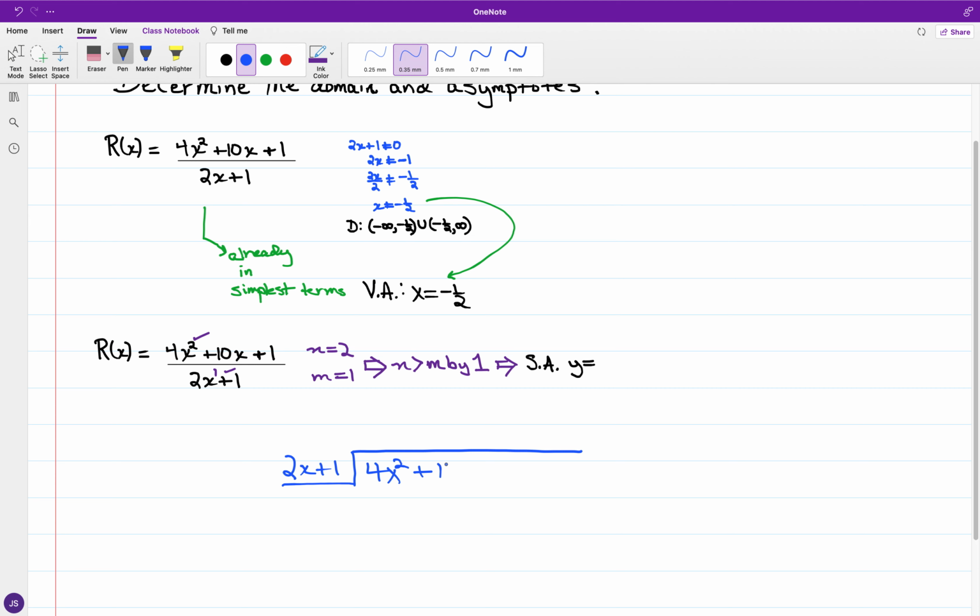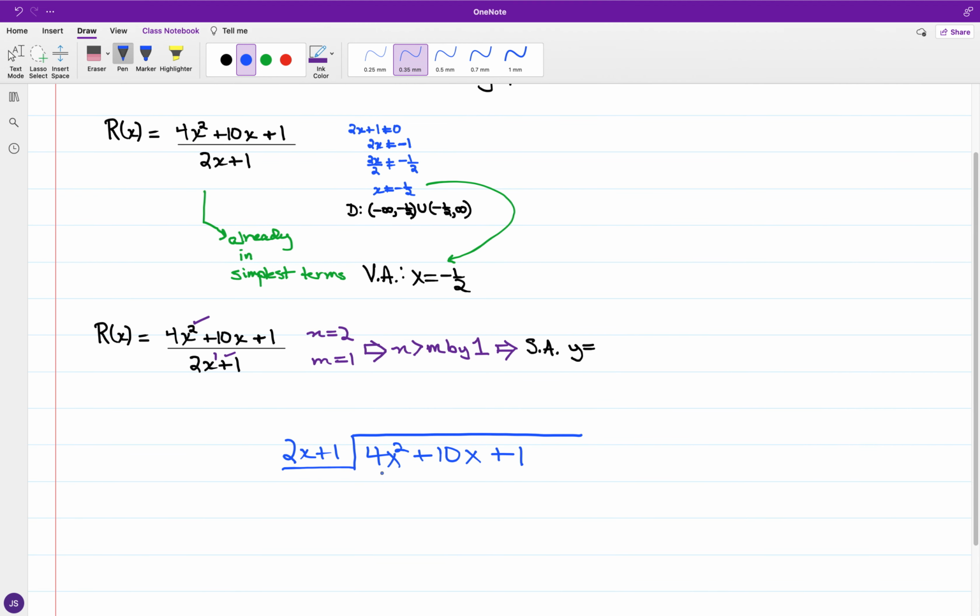We do not have any missing degree terms. Now the divisor is linear, but instead of having just x as a leading term, we've got 2x, and I can't go directly into synthetic division without adjusting the coefficients of the divisor and the dividend. So we'll just proceed with the long division.